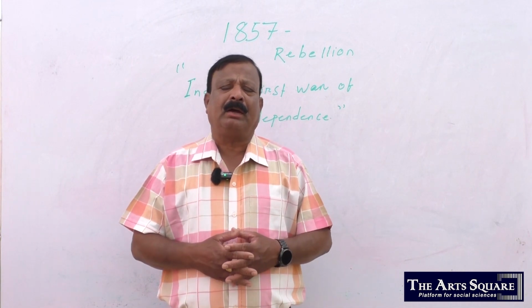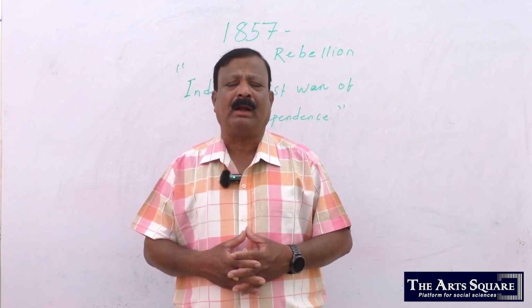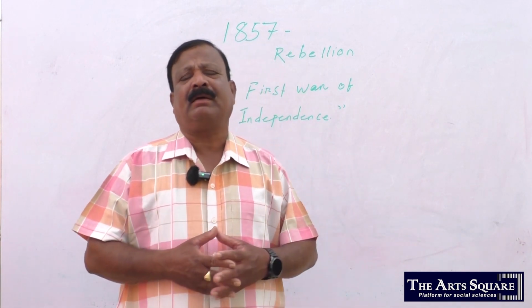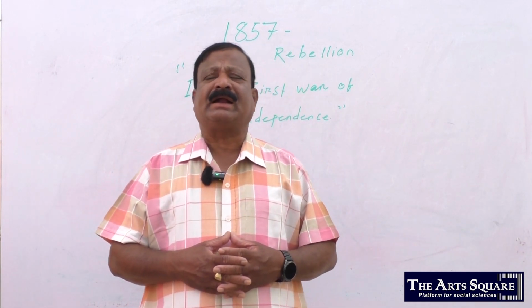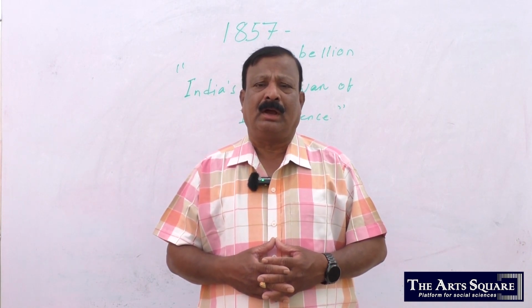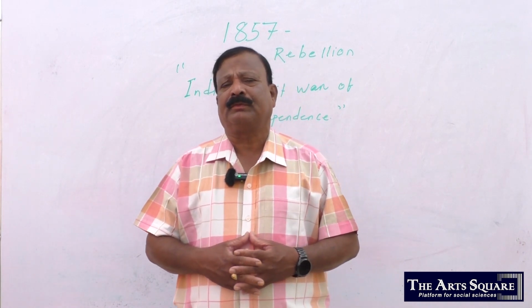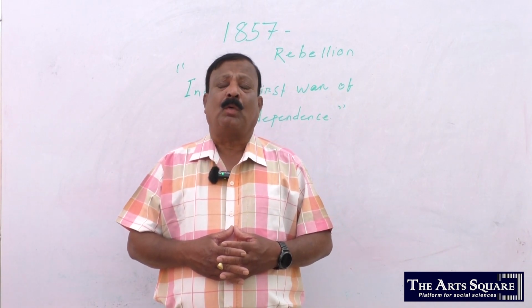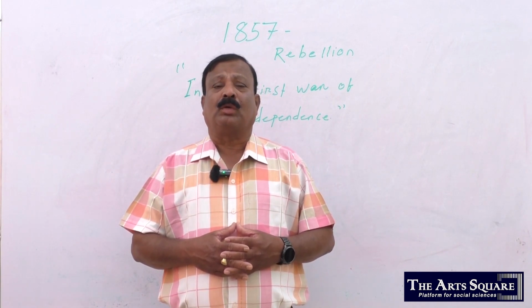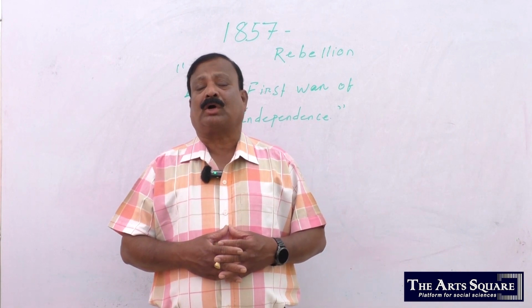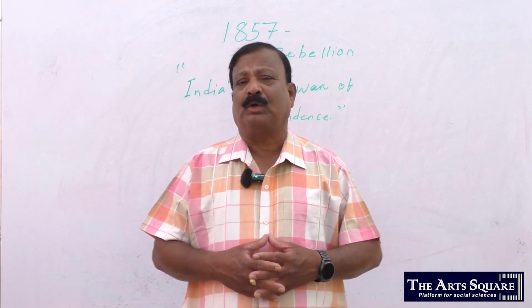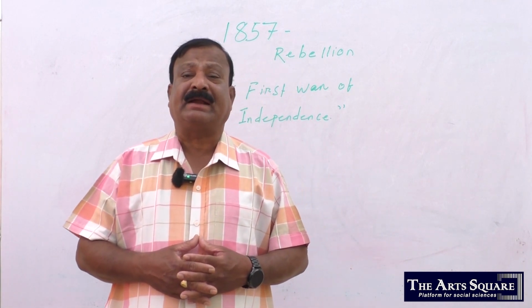It may be social, economical, political, religious. In every sphere, India was tortured by the British. And finally, when India couldn't tolerate the corrupt practices of the British, they started the revolution in the year 1857.